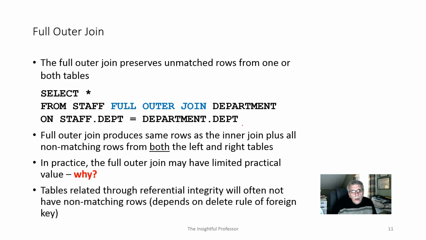Well, when you are connecting rows, typically the rows from one table that you're relating to rows from another table have been identified to the database as being related in some way. That is, referential integrity is in effect. So for example, normally you would say, well, I've got employees, say in my staff table, and DEPT from department would be a foreign key that maps to the primary key of the department table.